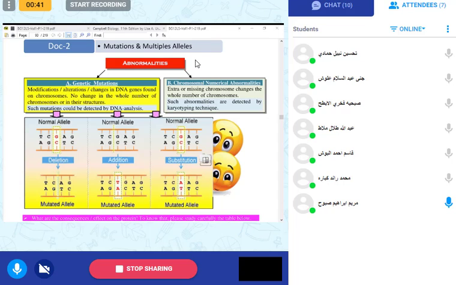And missense. Missense, which means what? A substitution that causes a change of one amino acid. Okay. And we have the third type, which is what? Okay, so it's called the frame shift.